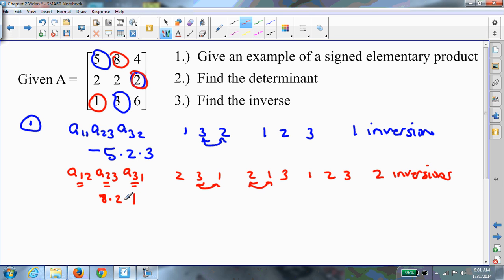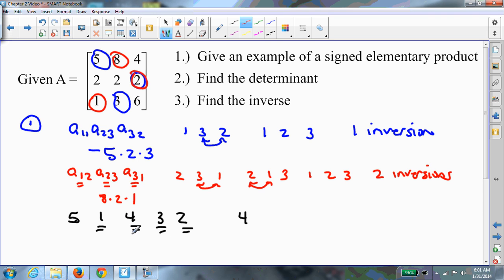Now, in general, an easier way to count the number of inversions would be the following. Let's say I have something like 5, 1, 4, 3, 2. What I do is I look at each number and count the ones after it that are less than that number. So starting with 5, I have 1, 2, 3, 4 numbers less than it. That would mean I would have to have 4 inversions to put 5 back in its place. Looking at 1, I don't have any.